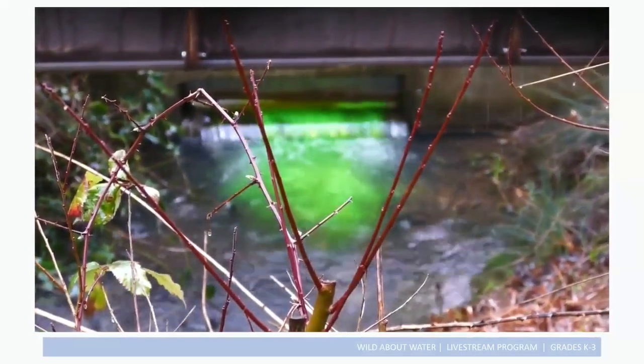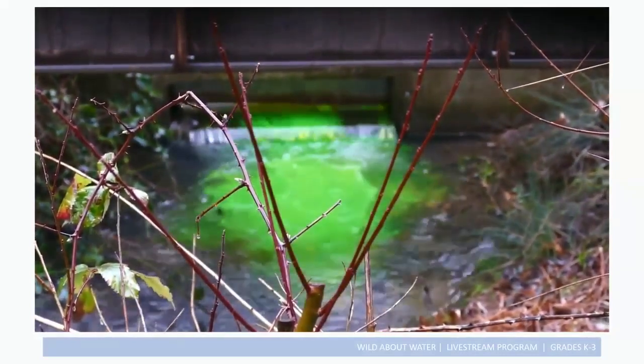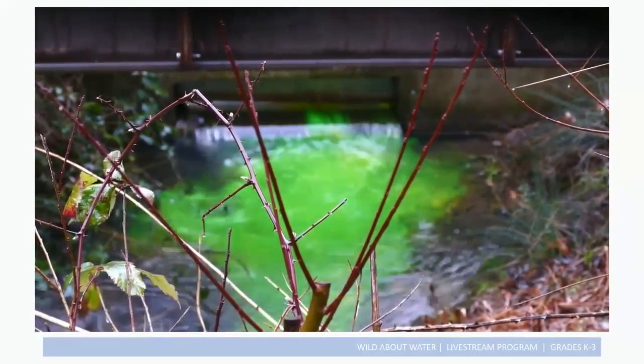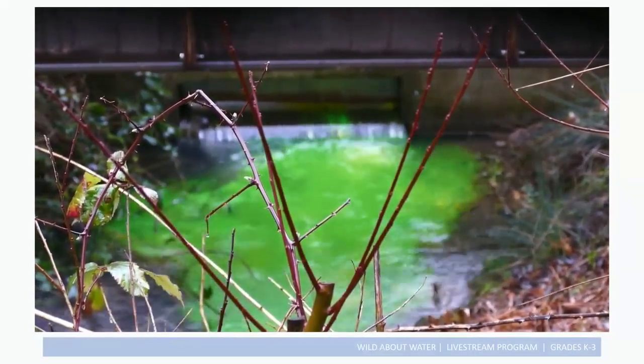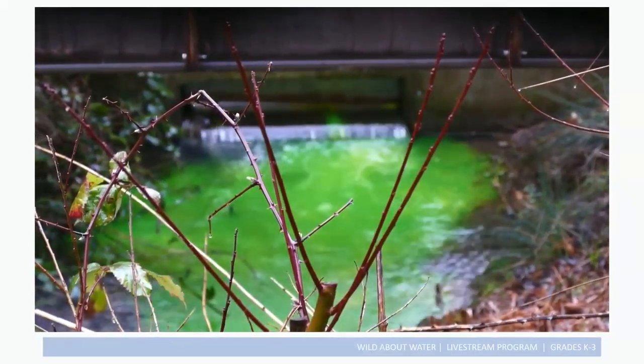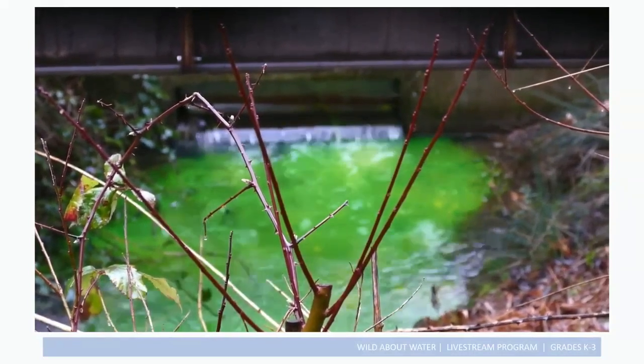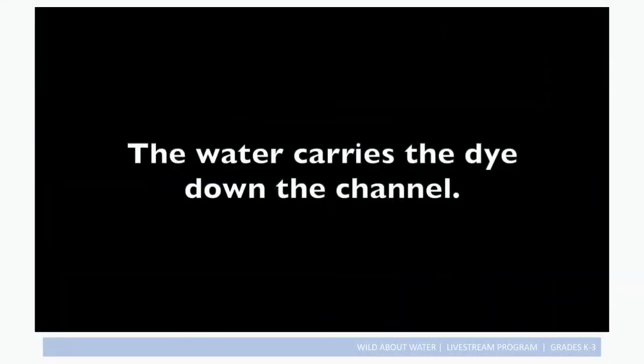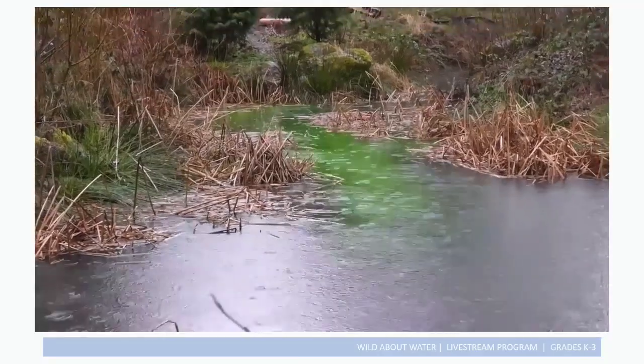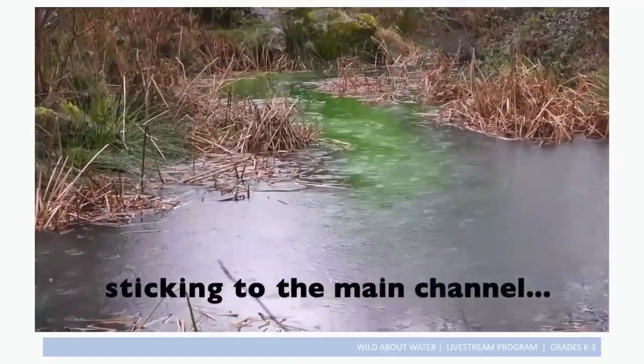That bright green dye is being poured into the water, and although it looks really bright and maybe like it shouldn't be there, that dye is actually safe for plants and animals. It does not hurt the environment at all. Eventually it dissipates and it's not even there anymore.